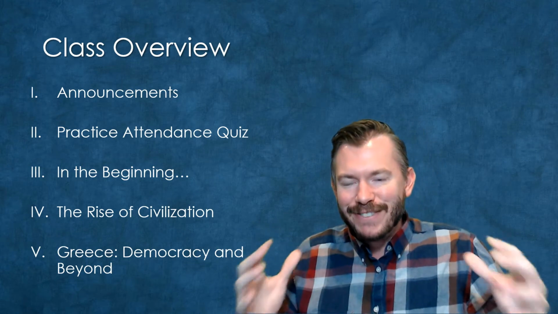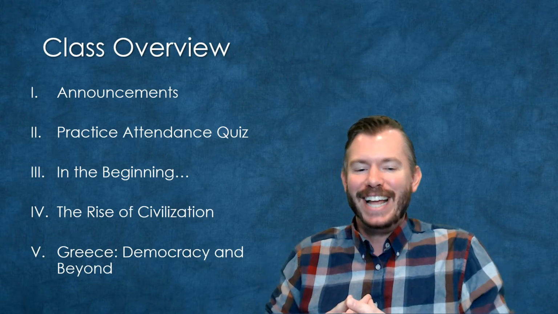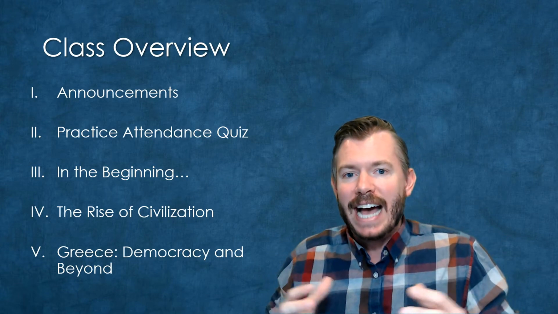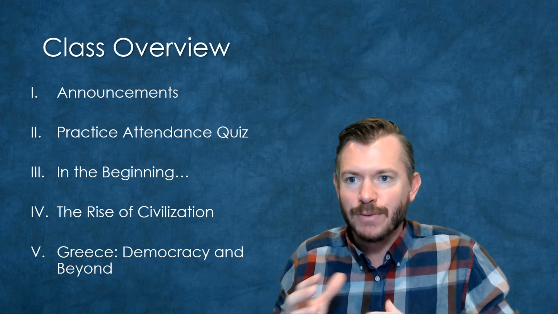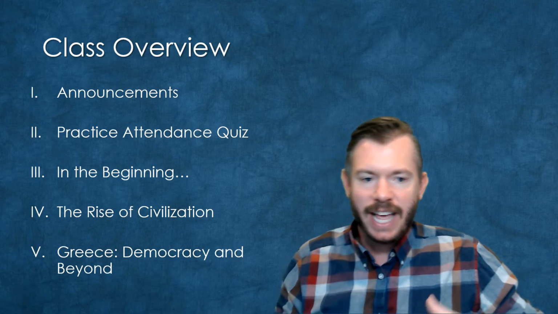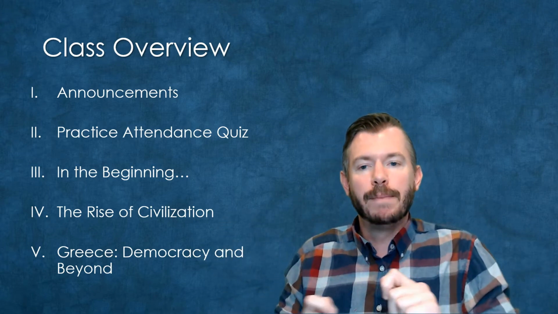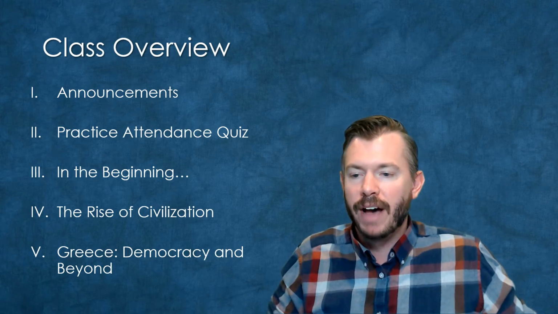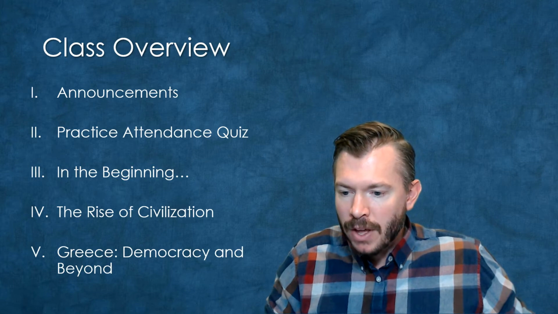We'll do the rise of civilization, which focuses on the Bronze Age, and then we will dive into ancient Greece so that you guys have a context for everything else that we're going to be focusing on in this class. When we start talking about all these different myths and places and dates and time periods, you're going to have the context in which to place all the different things that we cover. So that is our plan for today. Okay.